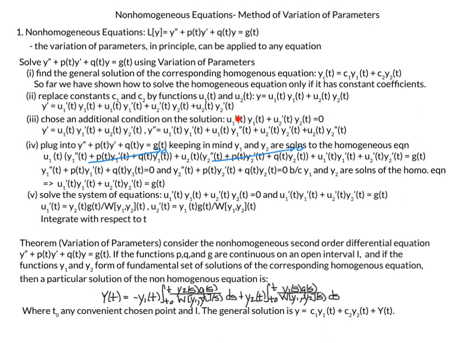And this condition was specifically chosen to make our lives easier down the line. This condition then simplifies our first derivative to only two terms, and then we can take our second derivative.